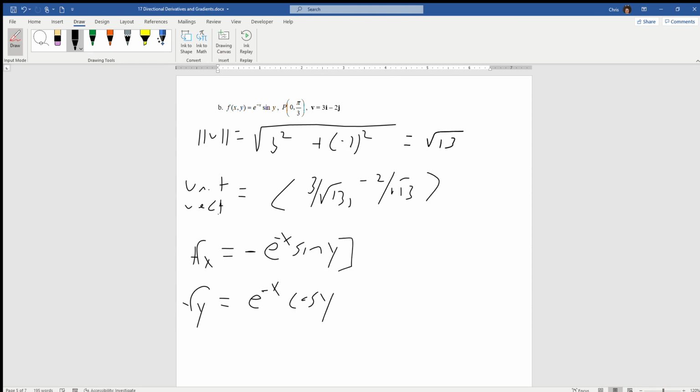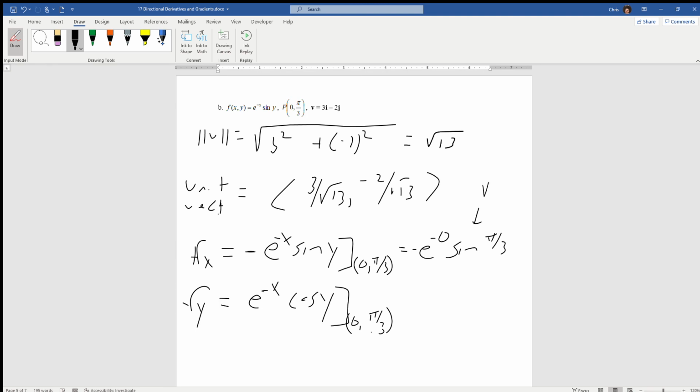And then we're going to evaluate both of those at (0, pi/3). Both pretty easy. So this becomes minus e to the minus 0 sine pi/3.